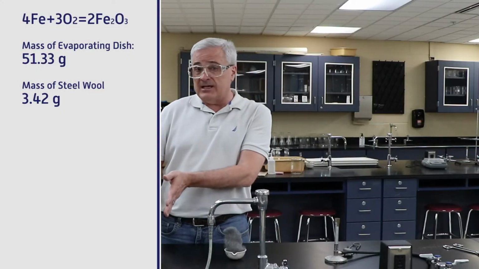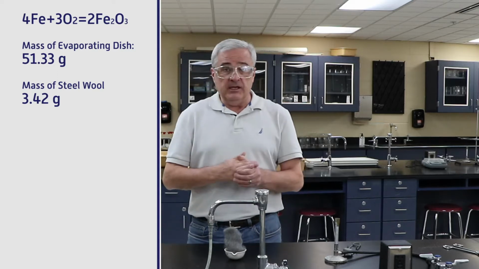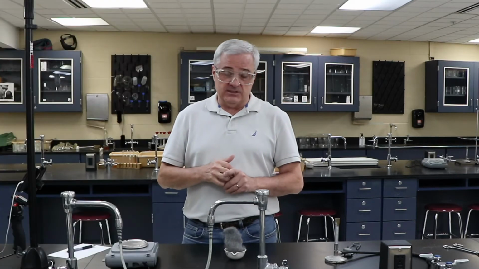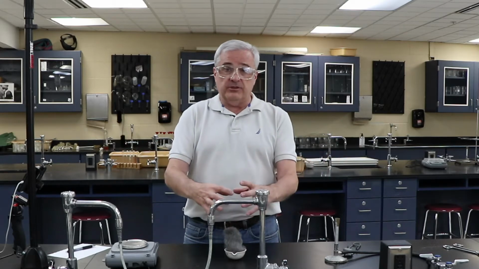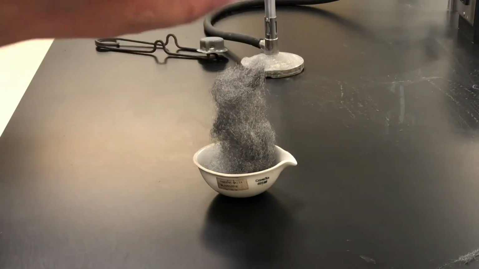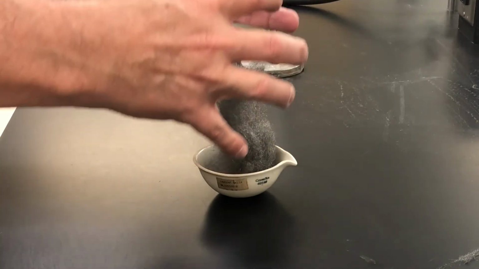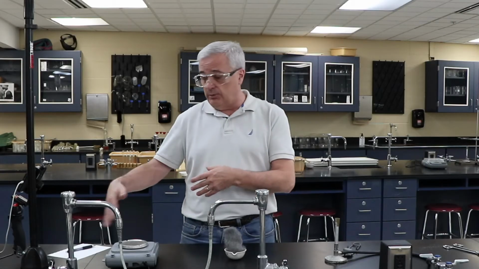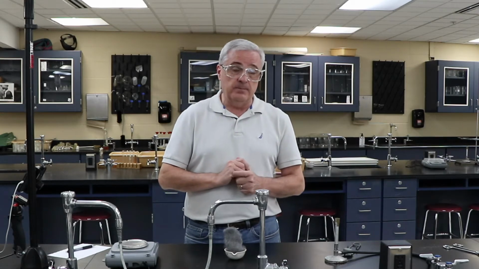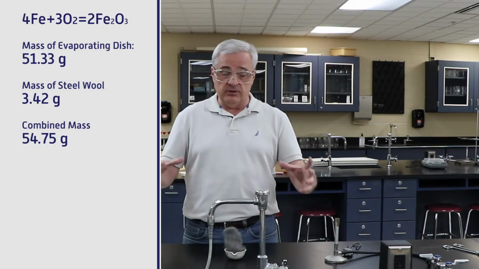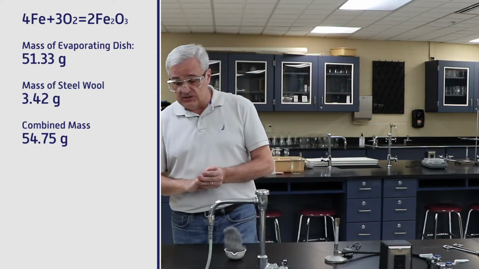We're going to take the mass when it's over with, and if this works as it did in practice, the air molecules will have reacted with the iron molecules such that the final mass is greater than the sum of these two parts. So we're going to end up with more than 54.75 grams if everything works. So that is the setup.